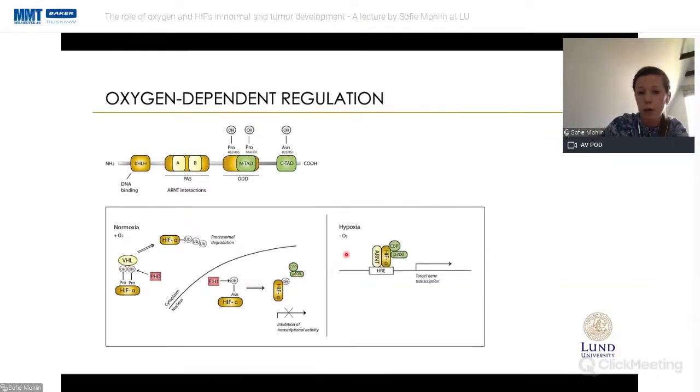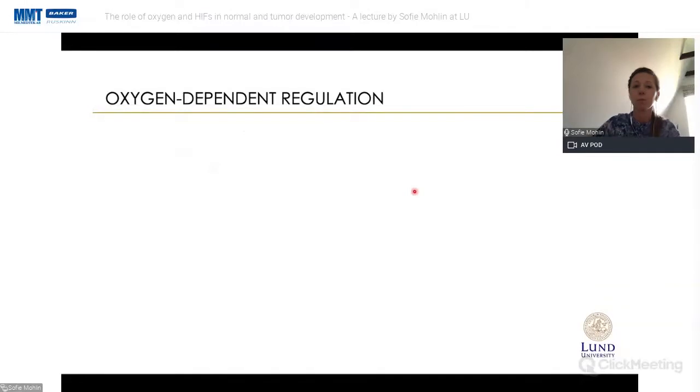At hypoxia, however, there's no oxygen, so hydroxylation cannot take place. The HIFs move into the nucleus and bind to their binding partner ARNT and transcriptional cofactors such as CBP and P300. So this is the simple way. You're all aware of this, and it's of course the simple canonical way of looking at it.